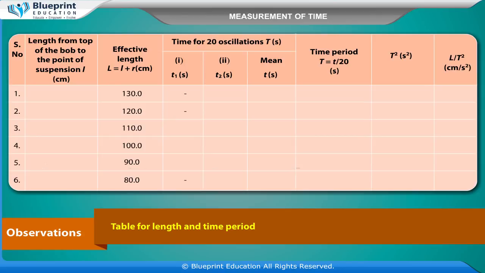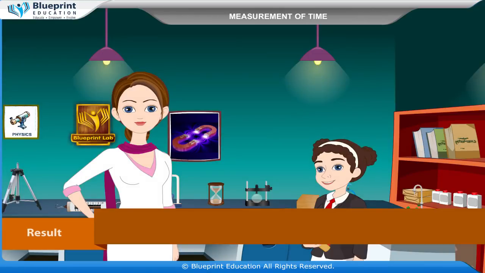Time for 20 oscillations, T in seconds: T1 seconds, T2 seconds, mean T seconds. Time period T equals T by 20 seconds. T square in second square. L by T square in centimeter per second square.